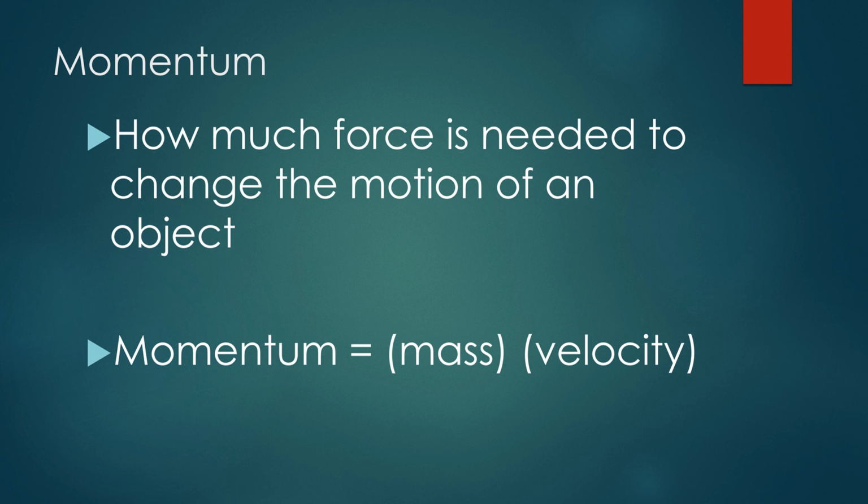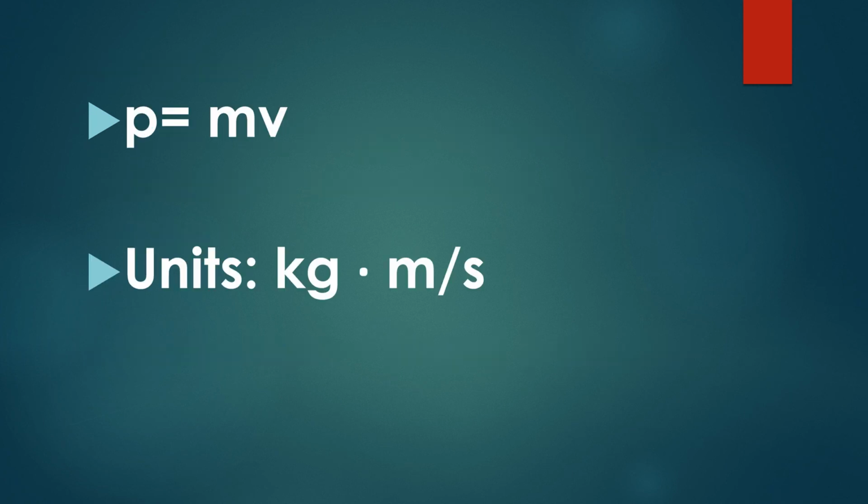And you could actually do the triangle that we did for F equals ma. It's the same exact triangle, except momentum is on top and mass and velocity are at the bottom. So if you guys want to write that down and use that for what we're going to be doing, that's totally fine. So P equals mv. Don't ask me why P is momentum.